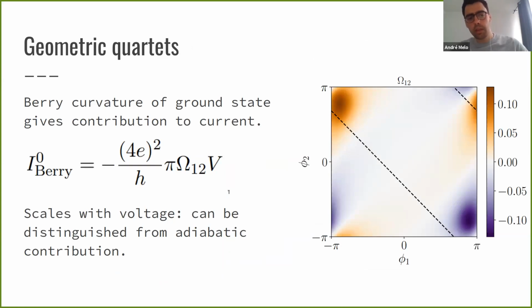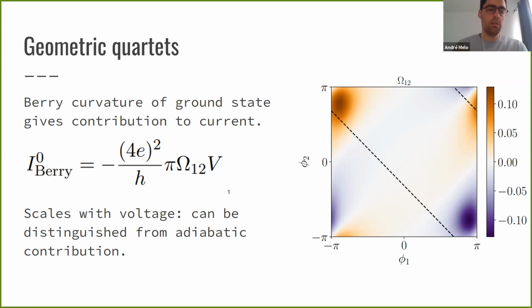Finally, the final thing I want to show you is another contribution that we computed to this quartet supercurrent or multiplet supercurrent. So the currents that we have been looking at were computed in the adiabatic approximation.